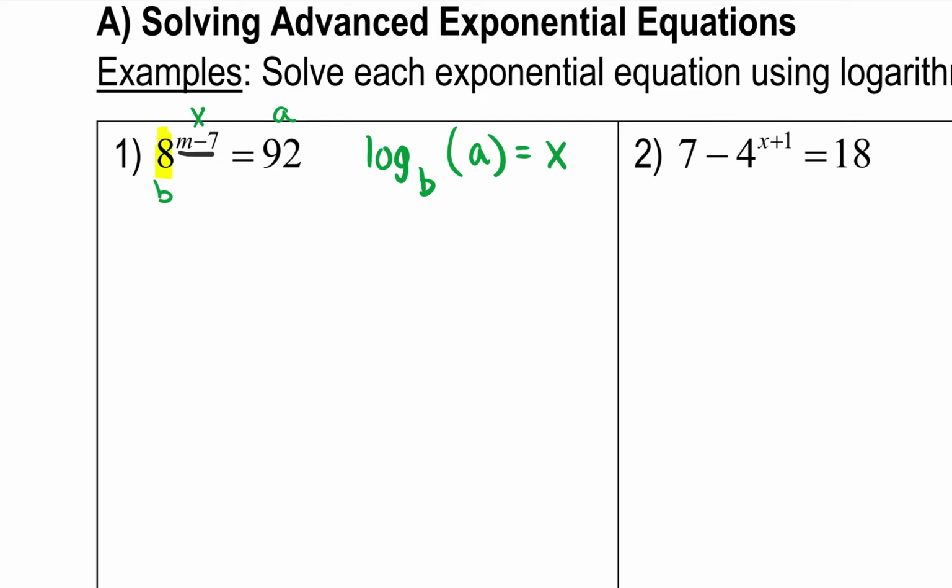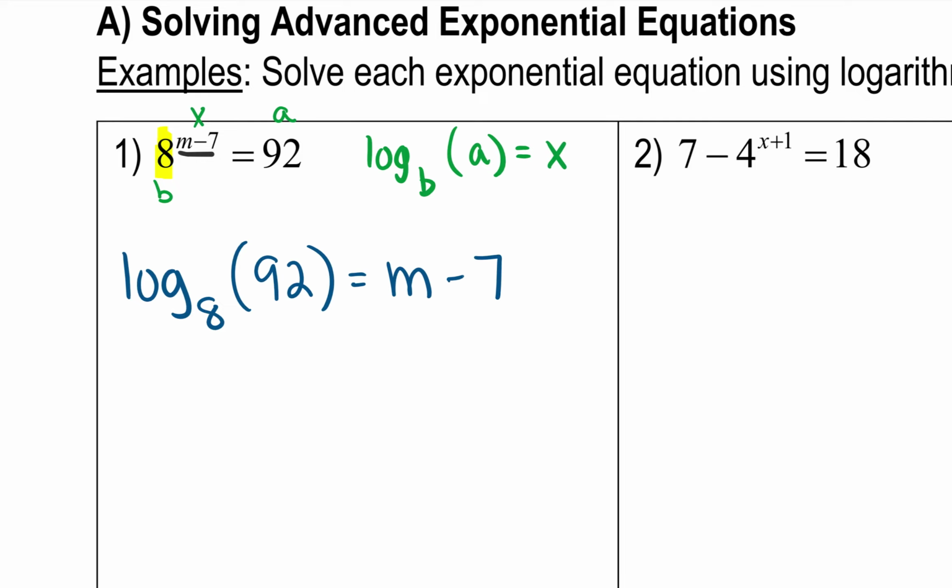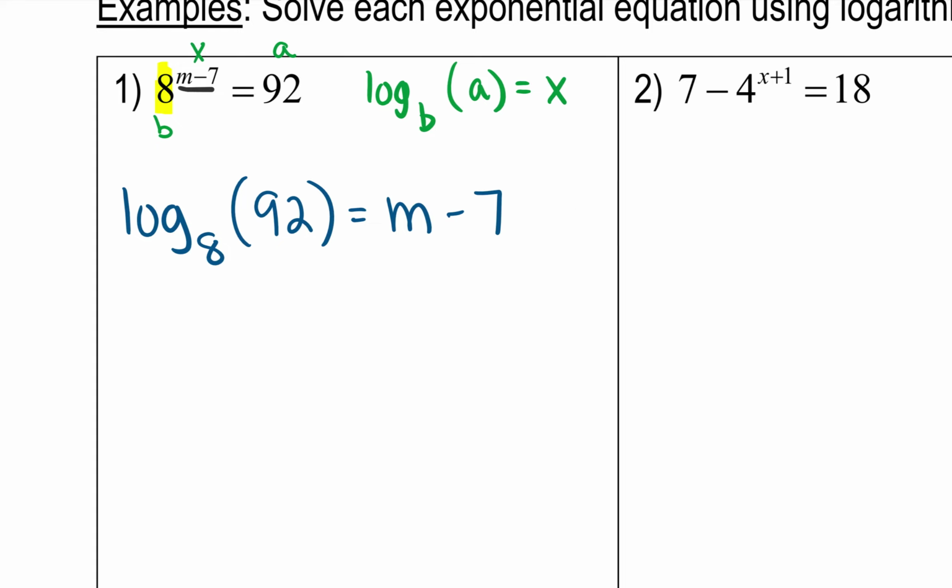Like the last lesson, where we converted from a log to exponential, now we're converting from exponential to log. We're just going backwards. So I'm going to write log base 8, my a is 92, equals m minus 7. Now I can solve for m because m is not in the exponent anymore.